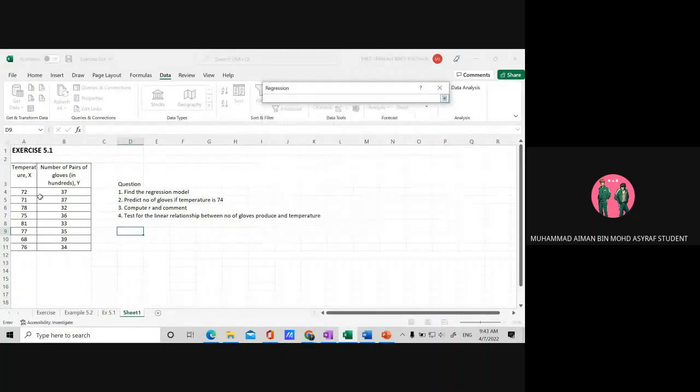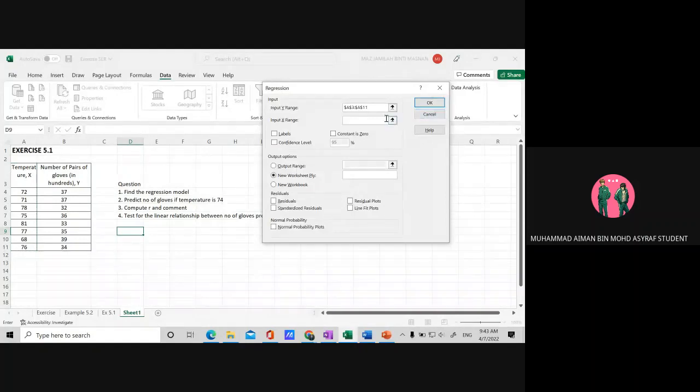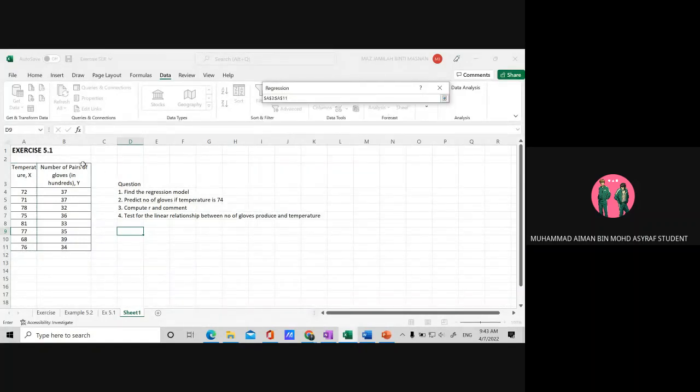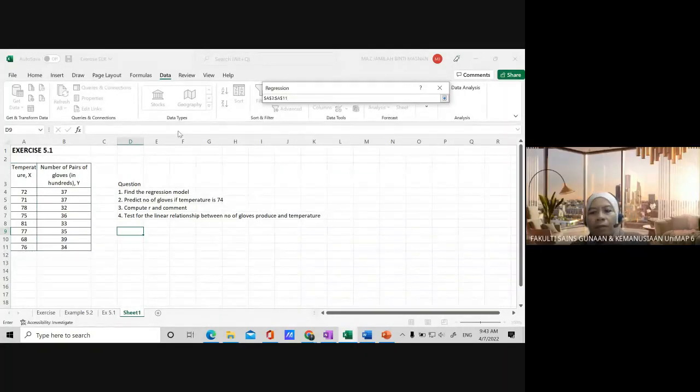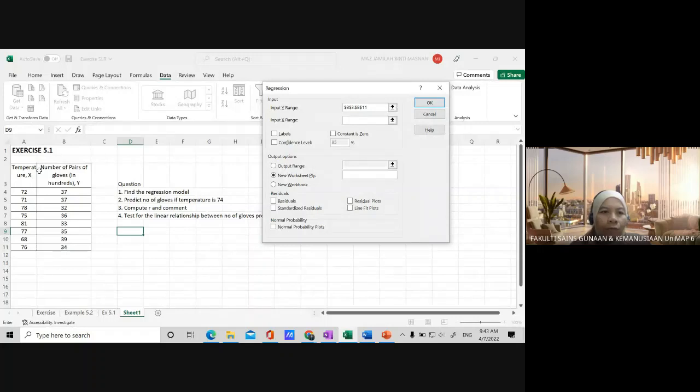So feed the values X and Y. The Y is actually here, so correctly choose your Y. Correctly choose your X. Labels included.